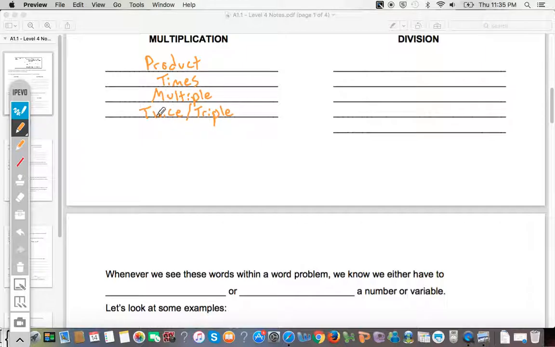So we know twice is 2 times, triple is 3 times, and then if we were to go to 4 times, 5 times, we're just using the word times up here.